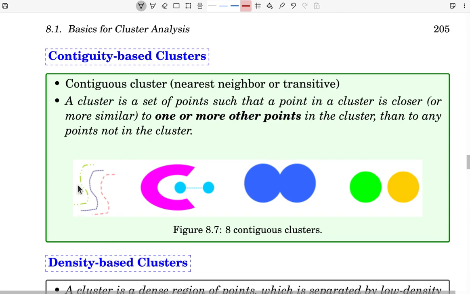So we have here this one is a cluster, and that is a cluster, and again another cluster. Of course, this is a cluster, and this cyan region is also a cluster. This whole blue is a cluster, and here another. So there are 1, 2, 3, 4, 5, 6, 7, 8 contiguity-based clusters. So the cluster will be made based on some measure which uses the contiguity.